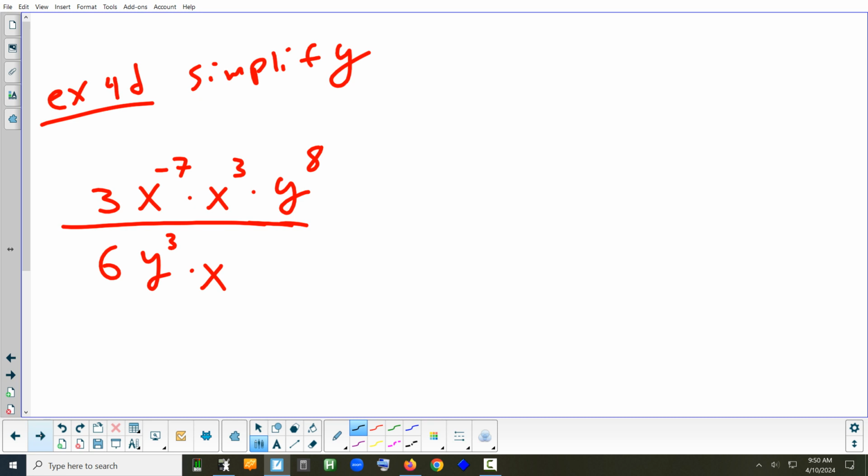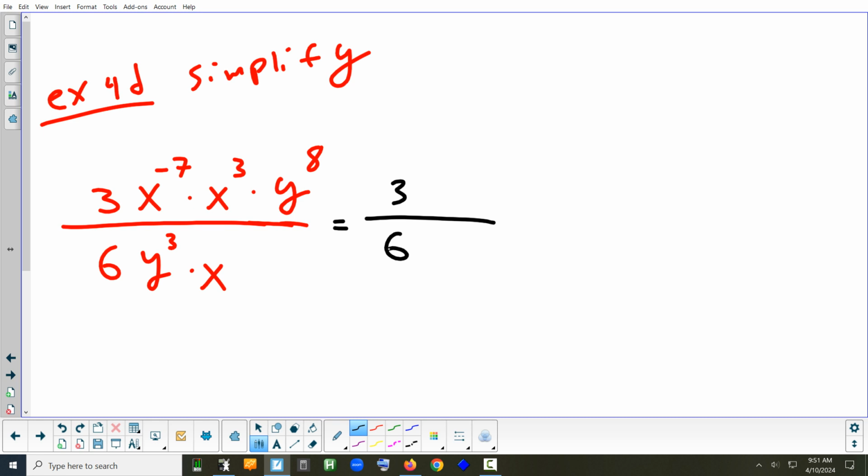All right, so let's look at this one. First thing we always look for is, do we have multiple x's or y's on the same level? Yes. Then we need to put those together first. So I'm not going to worry about the 3 and the 6 right now. What in the top can be combined together?